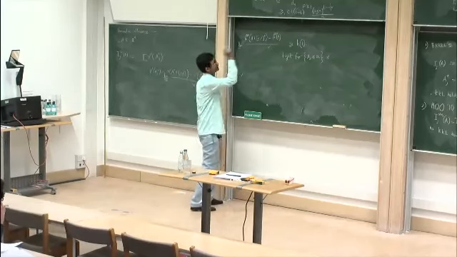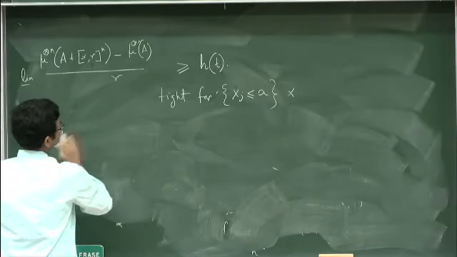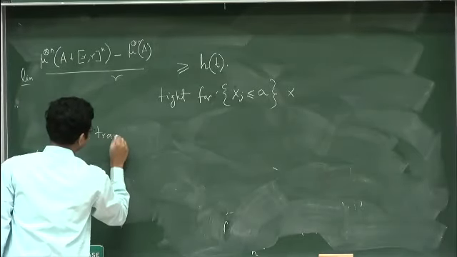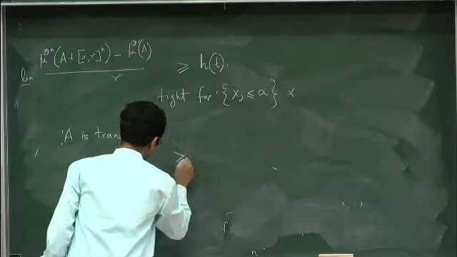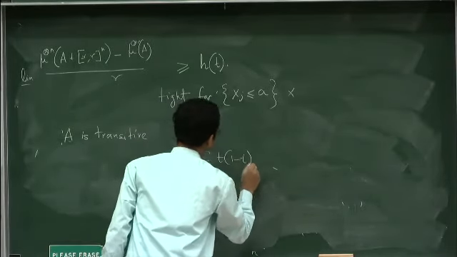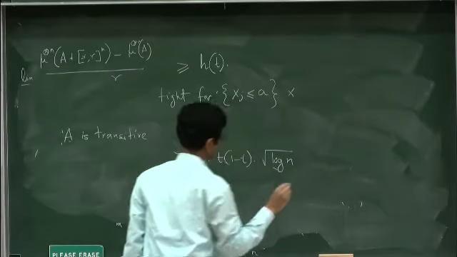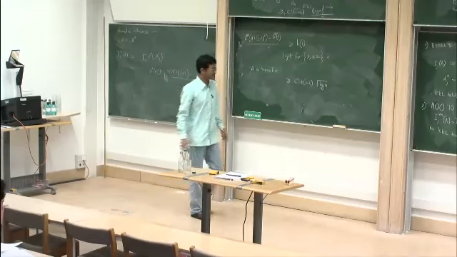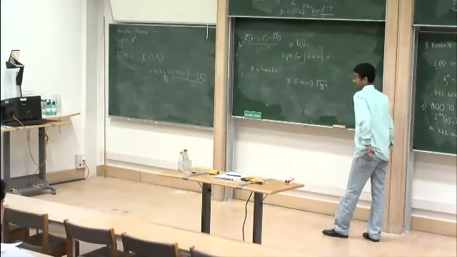Actually, as a consequence of this Gaussian KKL theorem that we proved, we can show that when A is transitive, this boundary is greater than or equal to some constant times t(1-t) times square root of log n. So this goes to infinity as n tends to infinity, unlike the classical Gaussian isoperimetric inequality.